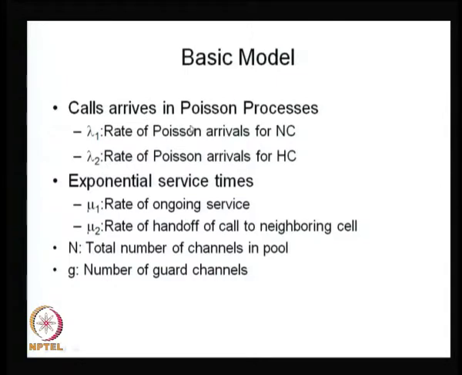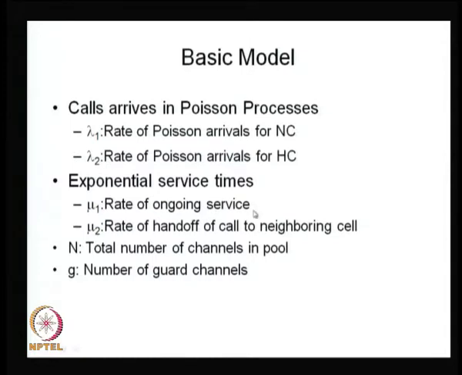Therefore, the call arrivals, either new calls or handoff calls, form a sum of two Poisson processes, which is also a Poisson process with parameter lambda 1 plus lambda 2. We also make assumptions over the call completion.